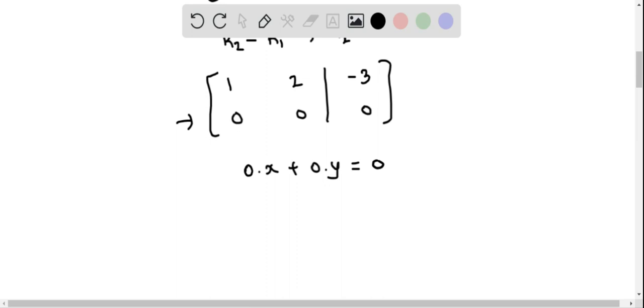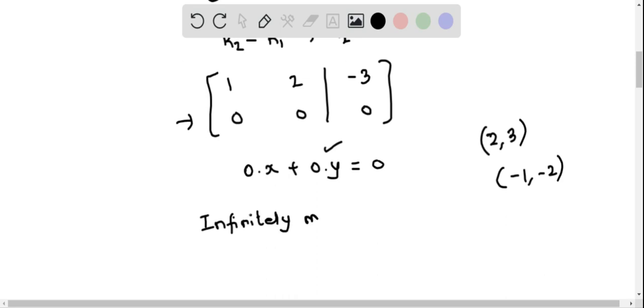For example, if you put x, y as 2, 3, this will satisfy because 2 times 0 plus 3 times 0 equals 0. And even if you put negative 1 and negative 2, it's still going to satisfy this equation. So we see that this system has infinitely many solutions.